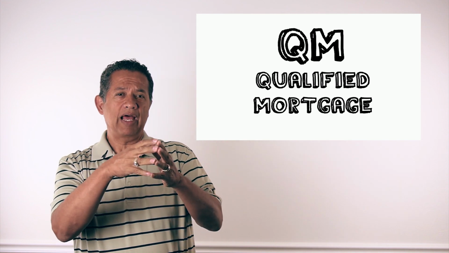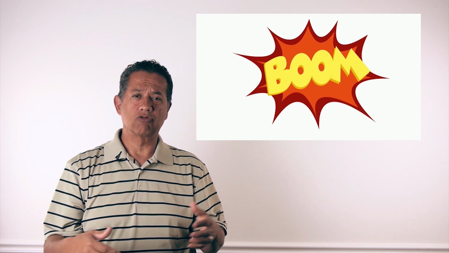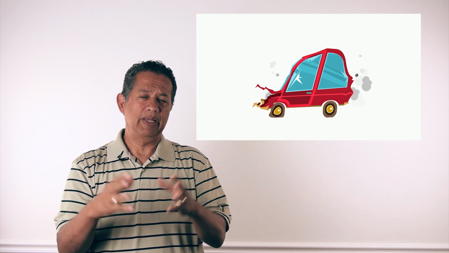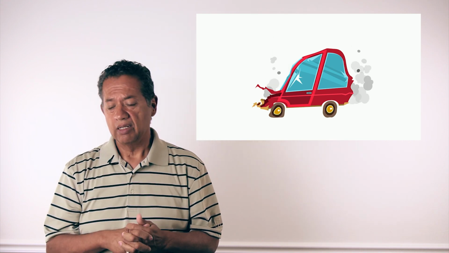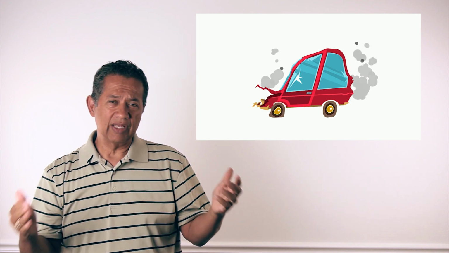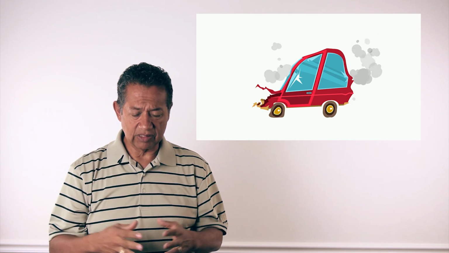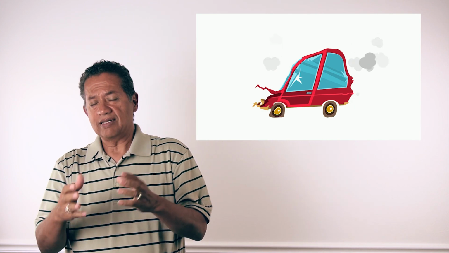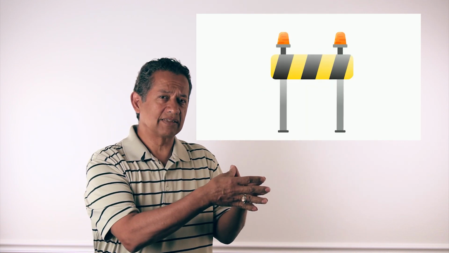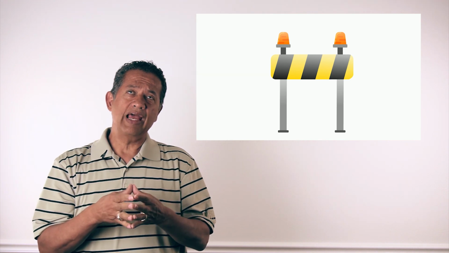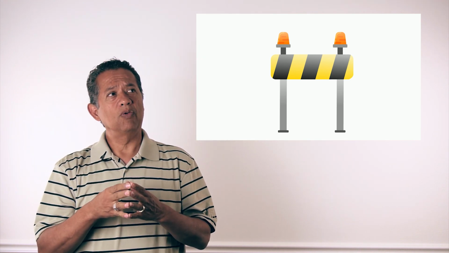Then we had that mortgage crash, the Great Recession. We had all of that really bad history in our country, 2008, 2009, 2010, et cetera. Since that time, we're looking back saying we don't want to go through that process again. So then you have lenders saying, well, wait a minute.